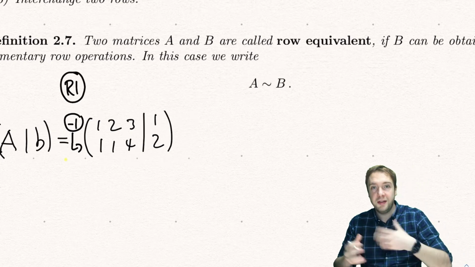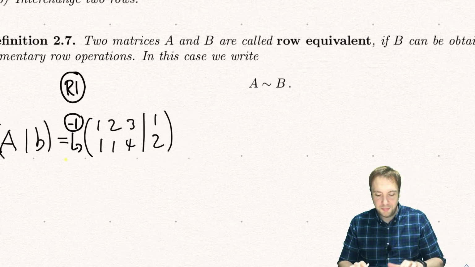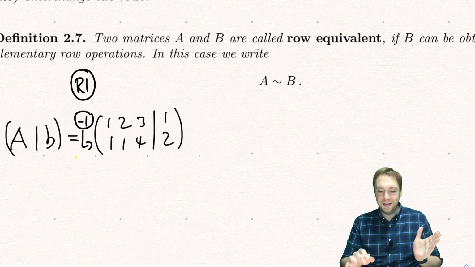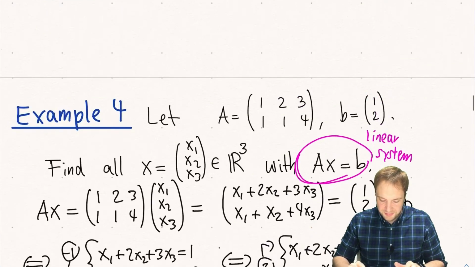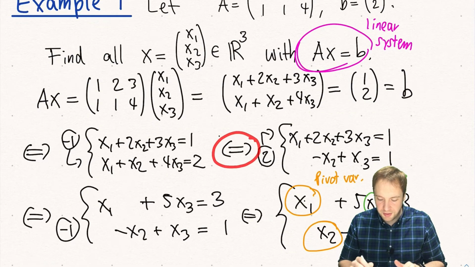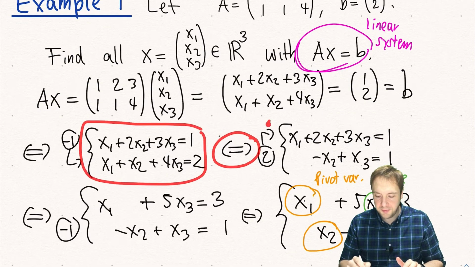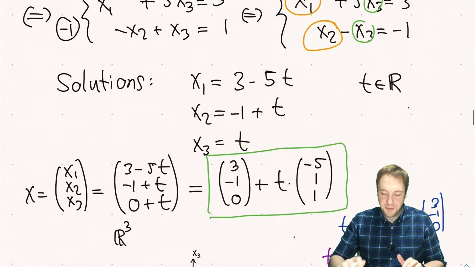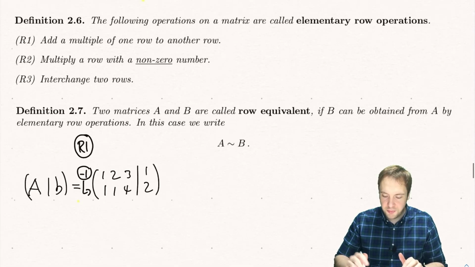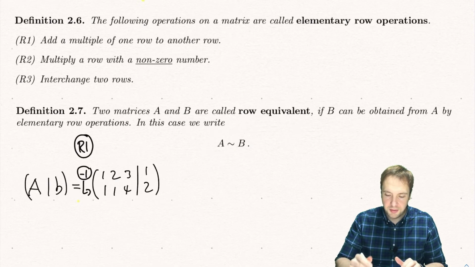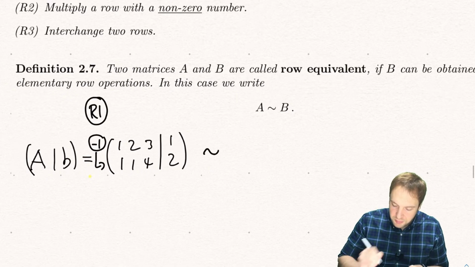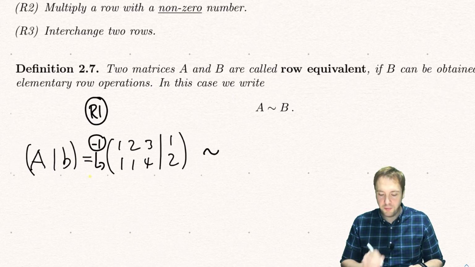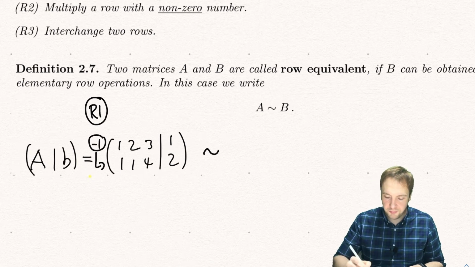And now instead of writing the equivalence symbol, which I cannot write now, because both sides there are statements, what we want to use now is this new notion of row equivalent.